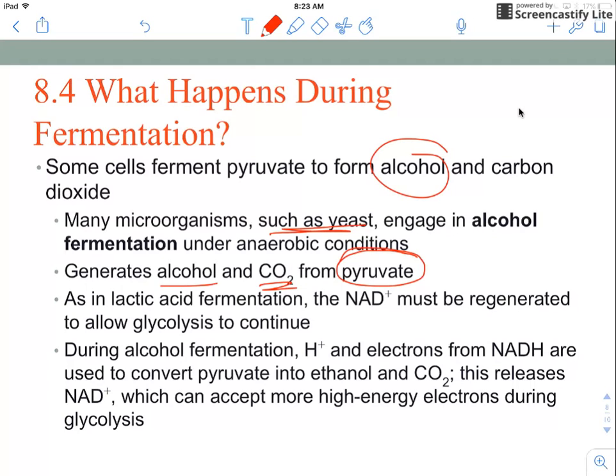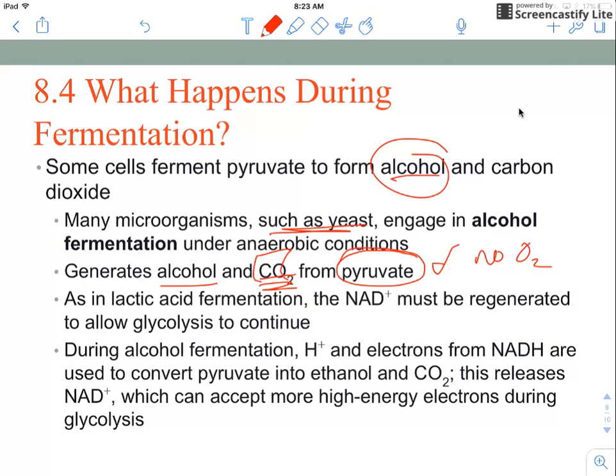And in the meantime, let's get back to fermentation. We're in yeast now. We're going to make alcohol and carbon dioxide from pyruvate in the absence of oxygen. It's very similar to lactic acid fermentation, as the main goal is to regenerate NAD+.